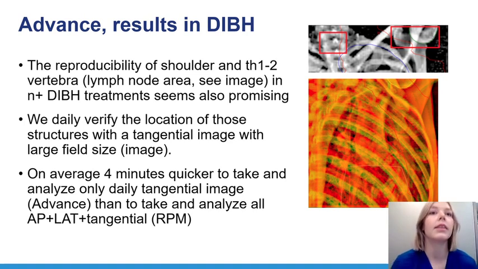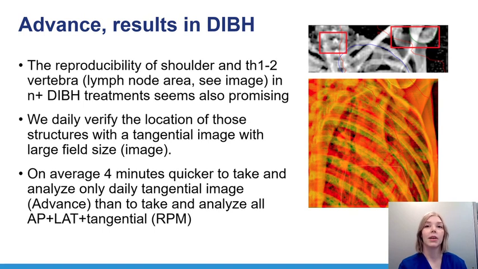With Advance, in the latest results, the repeatability of the position of the shoulder joint and the TH1 and 2 vertebra, the bony areas which correlate with the lymph node areas. Please see the top image, the gray image.